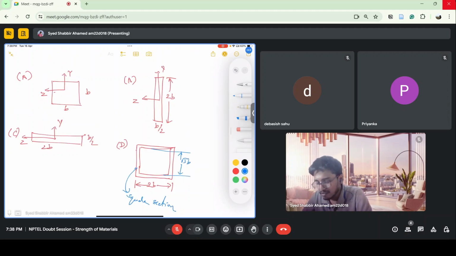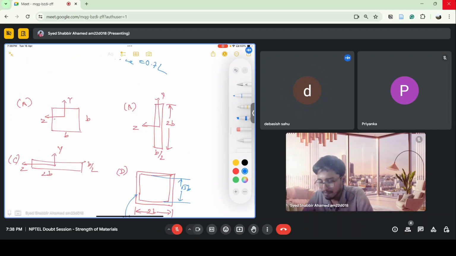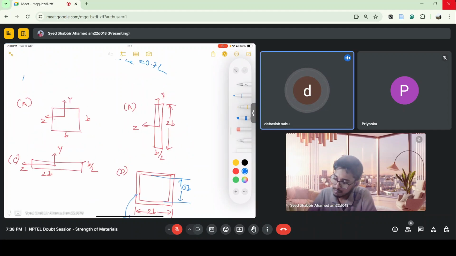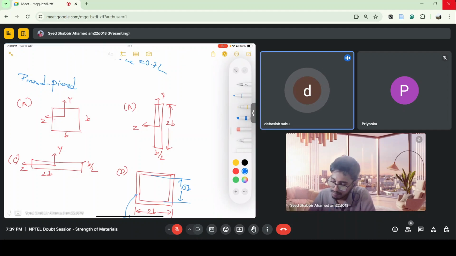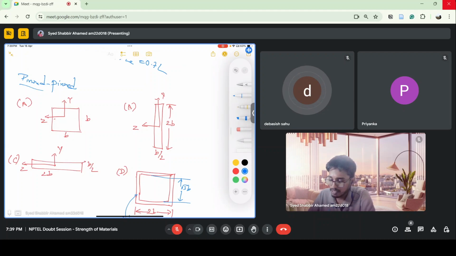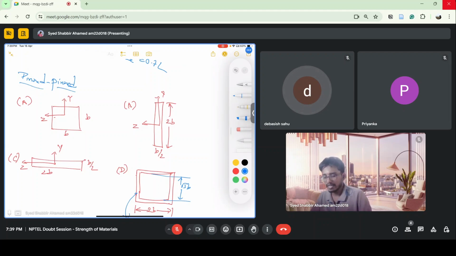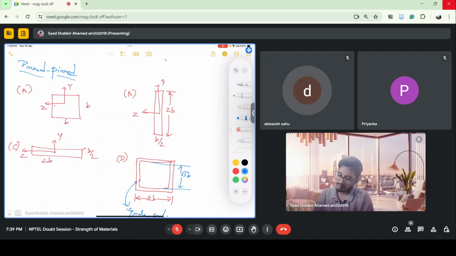So for a pinned case, sir, yes, first, what you have to find out is the moment of inertia. Which one has the maximum moment of inertia? I don't want any direction. I just want which gives the maximum load capacity. This and this both are the same.